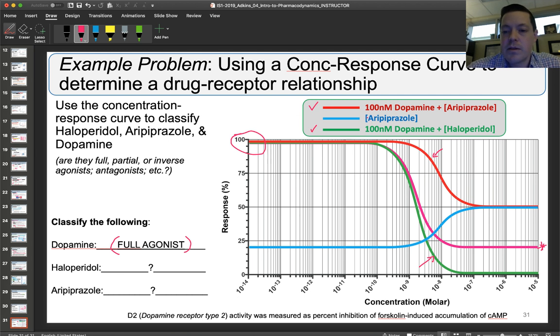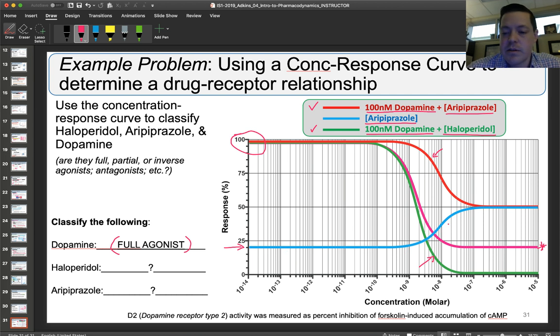The reason is because dopamine is our full agonist. We're already starting off at a concentration that is basically putting those receptors at full efficacy. But now we're starting to add more and more concentration of whatever compound is listed in the brackets. For instance, this blue line: we don't add dopamine, we start off with aripiprazole, and we see our blue line sitting somewhere around 20%.